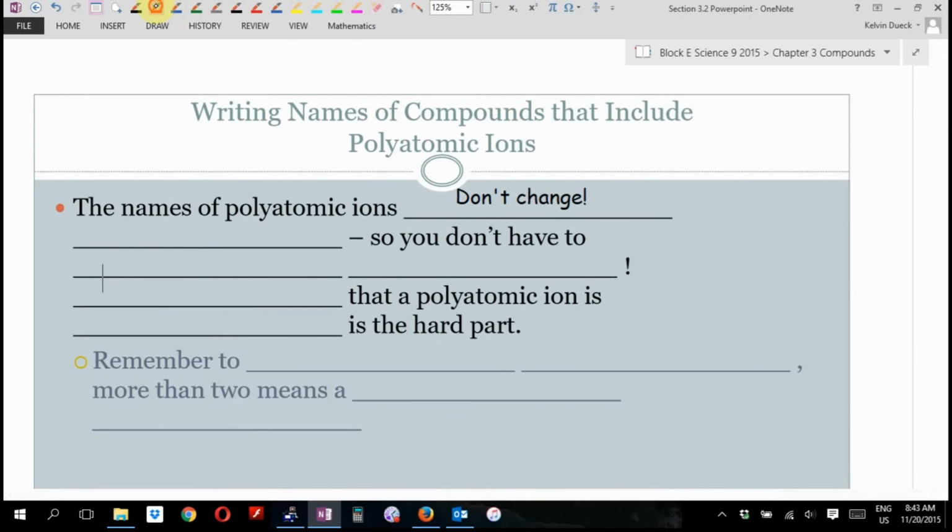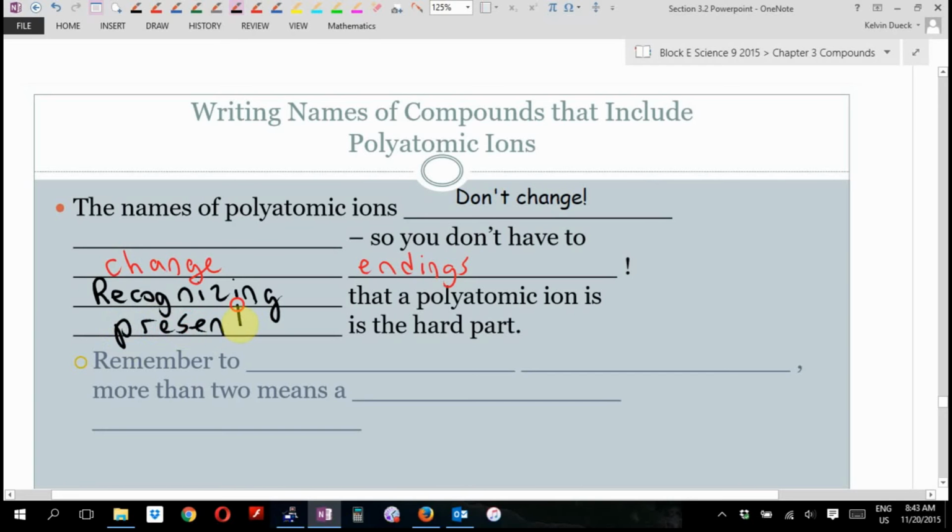So you don't need to change endings. Really, I think recognizing that a polyatomic ion is present is the hard part.